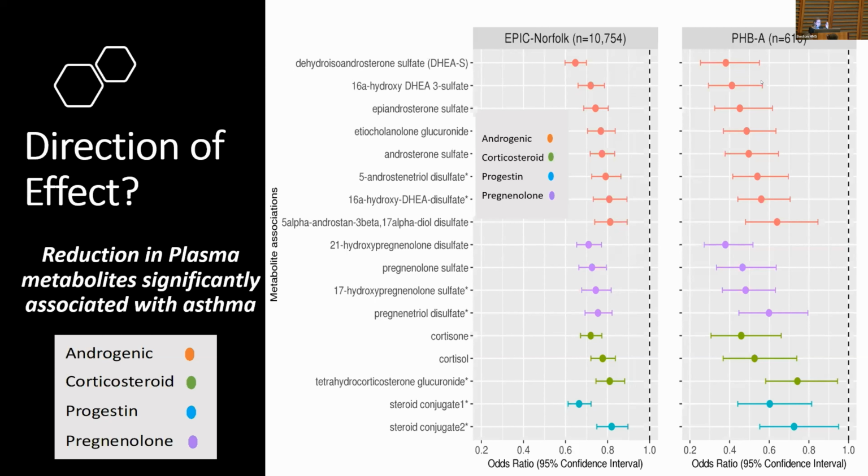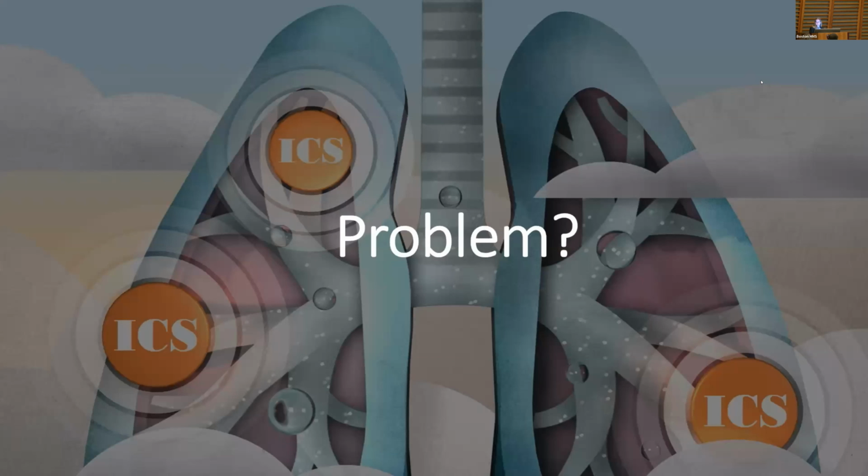It was very prominent not only in the discovery cohort but in the replication cohort, with p-values of 10 to the negative 24. It struck us, but of course, the very next thing we thought was, there's a problem. It's good that we have robust results, but there's a problem. And that problem is, what do we use to treat asthma? Oral steroids and inhaled steroids.